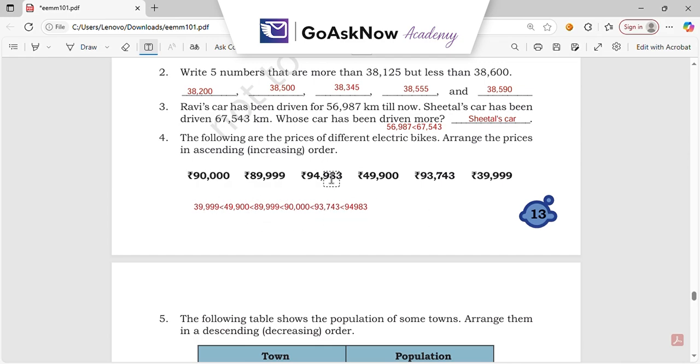This is the ascending order, that means increasing order, for question 4.